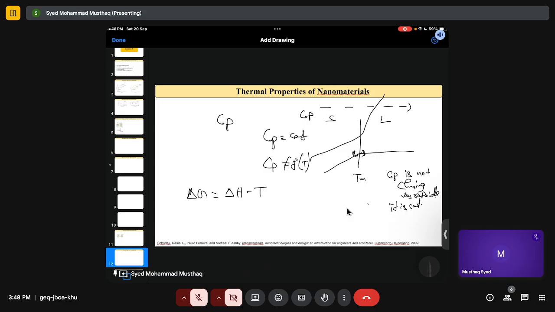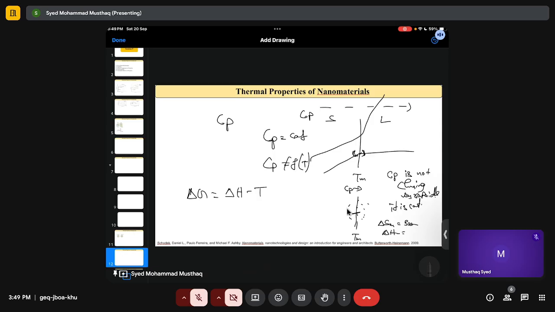So for example, this is my T melting. Near the T melting point, my Cp value is not changing, right? Then the delta Sm will remain the same, just like delta Hm.